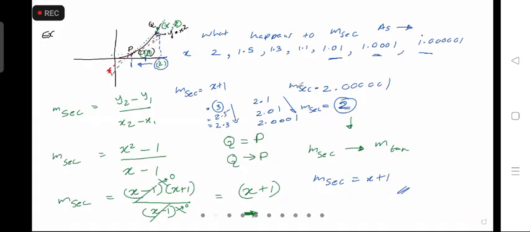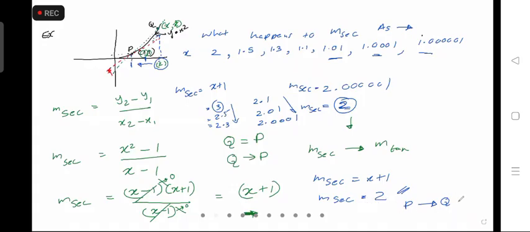So now you can write down like this: the gradient of the secant is equal to 2 when you bring the point Q very close to P. That means as Q approaches P, m secant is equal to 2. The term is like that.